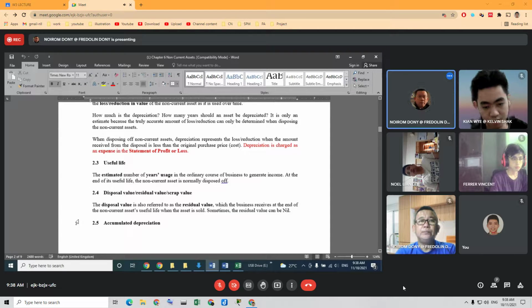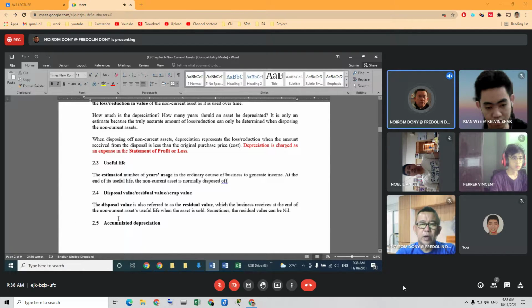Now, what is residual value? From the reading, it tells us disposal value refers to the value at the end of the useful life of the asset. Okay, how much can we receive at the end?